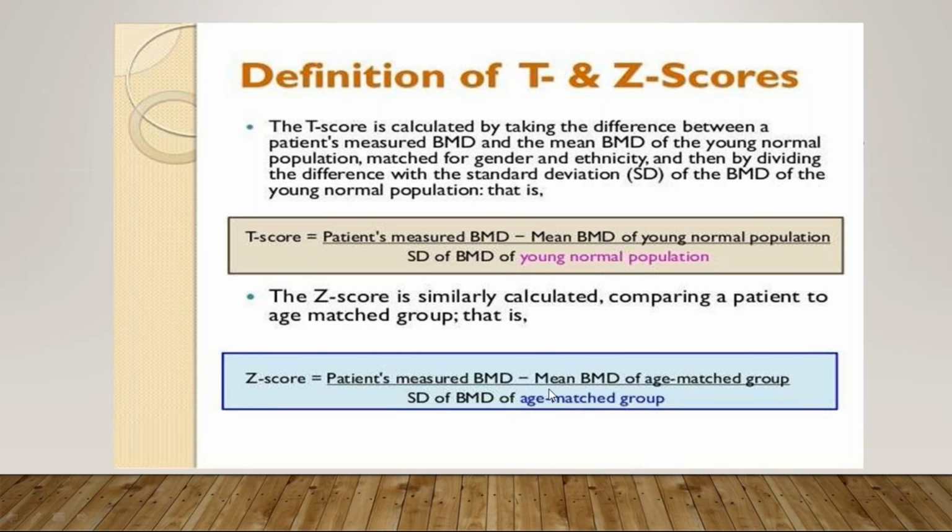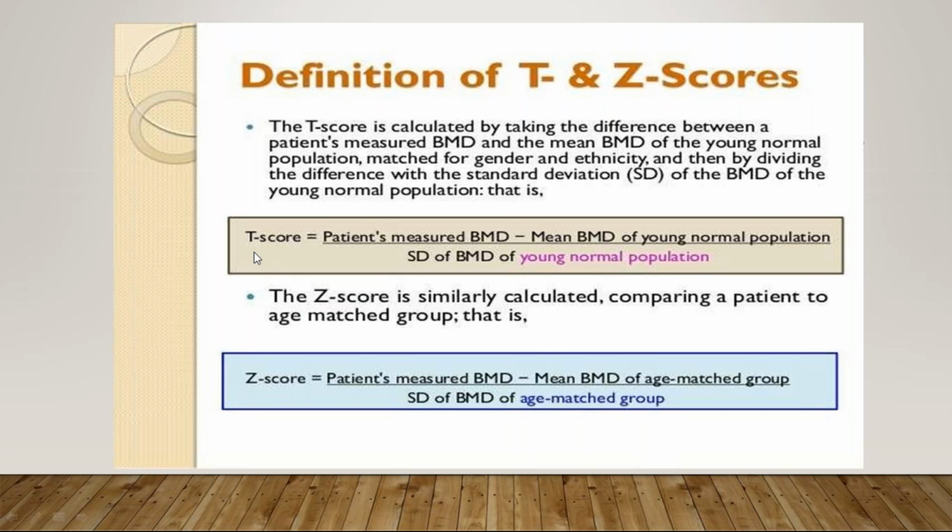If the patient is around 50 years, they will take the mean BMD of 50 year olds, not the normal population. If the patient is 60 years, there is a calculated chart with all the BMDs of the 60 year age group, and they will see that mean. Z score is compared with the same age only, but T score is compared with the normal young population.